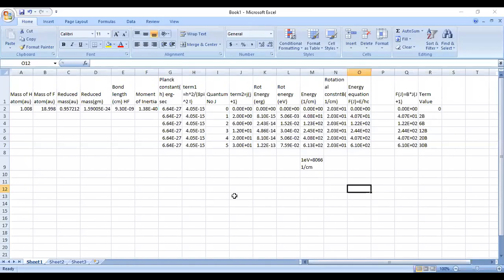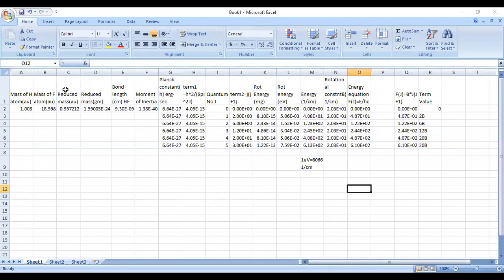I have prepared an Excel sheet to demonstrate how you calculate the result. In the first column, I consider the HF molecule. Here I consider the mass of the hydrogen atom and the mass of the fluorine atom.